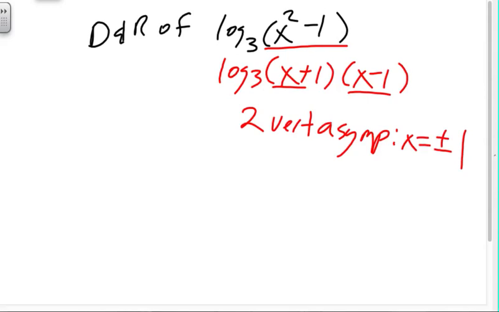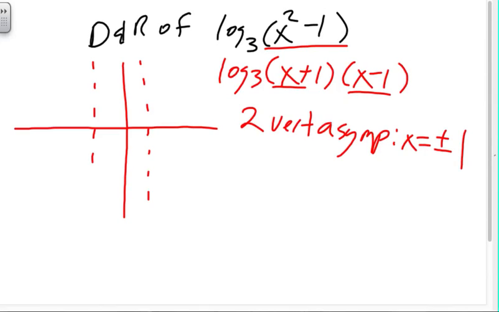So to find my domain and range now, I'm going to go ahead and draw my asymptotes. Okay, this is a parabola, that's true. But the trouble is we don't really know what is and what is not inside of my domain. So you can do this two ways. Either figure out what will make this bigger than 0, or a better way is to pick test points.